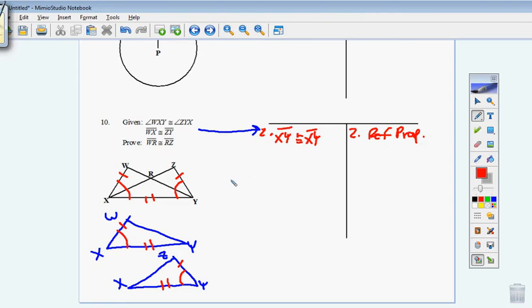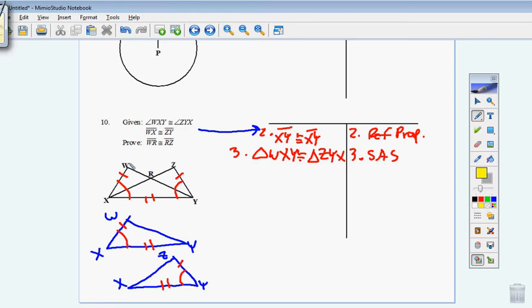So what we've done already is we've proven that our two overlapping triangles are congruent by side, angle, side. So I'm going to write in here triangle WXY is congruent to triangle ZYX by side, angle, side.